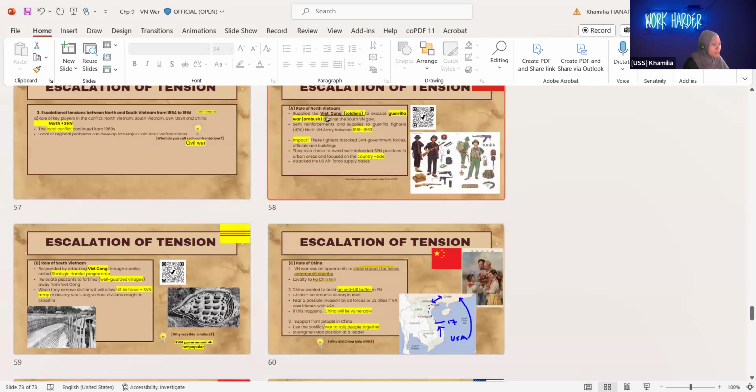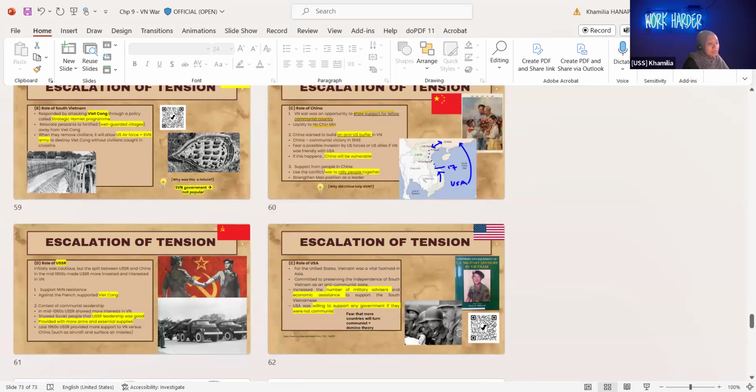The different roles of America, the different roles of Soviet Union, and how they escalated the conflict between North Vietnam and South Vietnam. Look at the year, it is between these years.